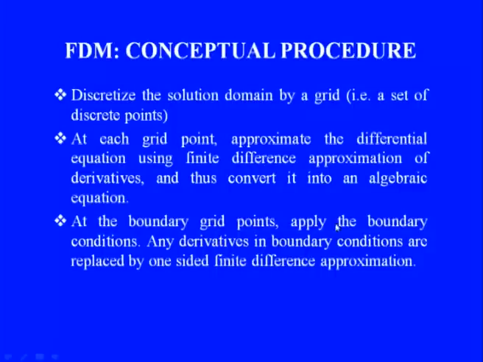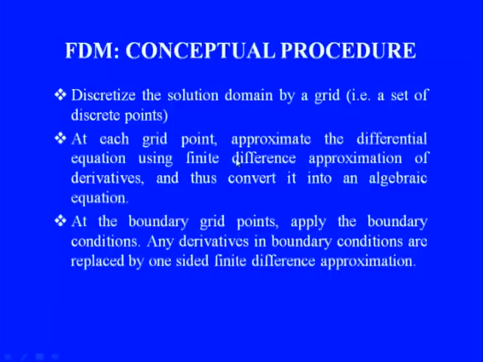We repeat the same exercise at boundary grid points as well, but the boundary conditions are fairly simple. Let us have Dirichlet type where the solution variable itself is specified, we do not have to do much, but if there are any derivatives in boundary conditions, we approximate these derivatives by using one-sided finite difference formula. So now with these two steps we have converted our partial differential equation and boundary conditions into discrete algebraic equations at each node, interior as well as boundary nodes.